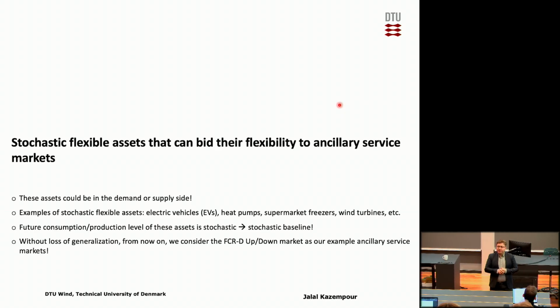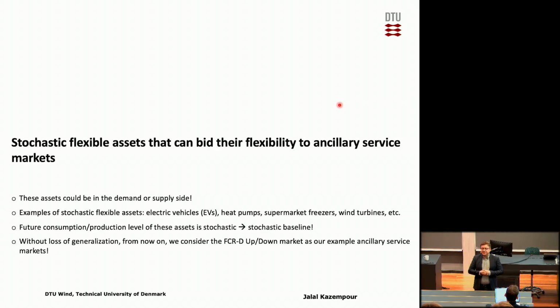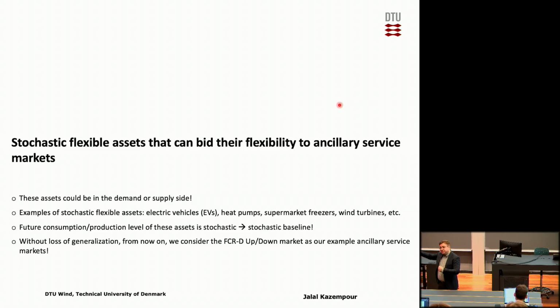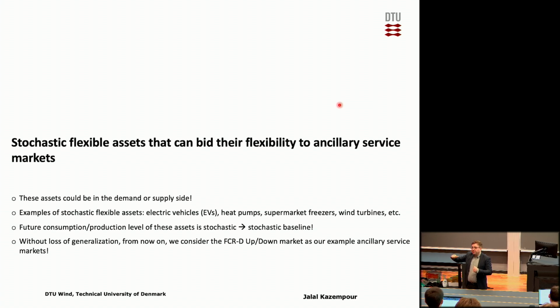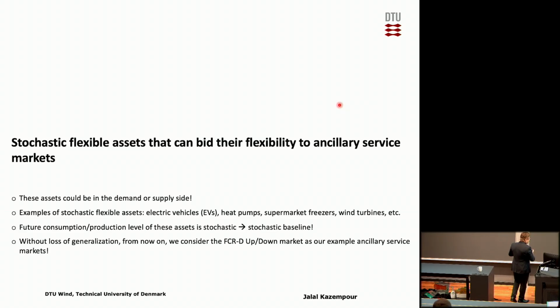Also, do you think that by collecting more assets in a portfolio, assuming that hopefully there is a negative correlation among them, it helps us to have a more predictable portfolio or not? There is something called the aggregation effect, right? The more stochastic assets you pool, the easier it gets to predict their flexibility. Especially if you manage to collect devices with negative correlation.